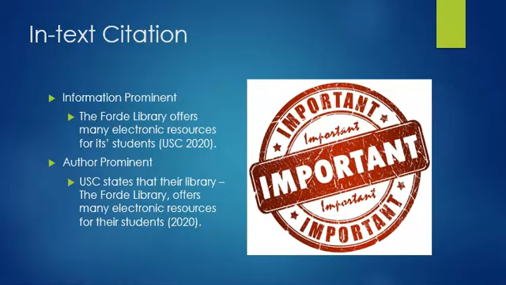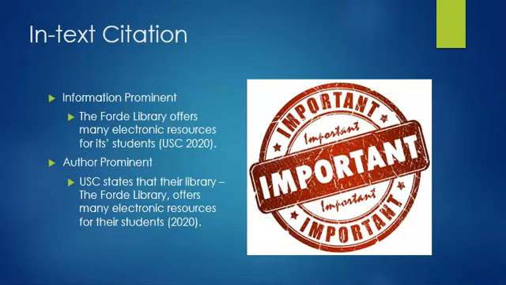The author comes after. In my example on your screen, the Forde Library offers many electronic resources for its students. That idea of offering resources is prominent, and then the corporate author USC comes after.